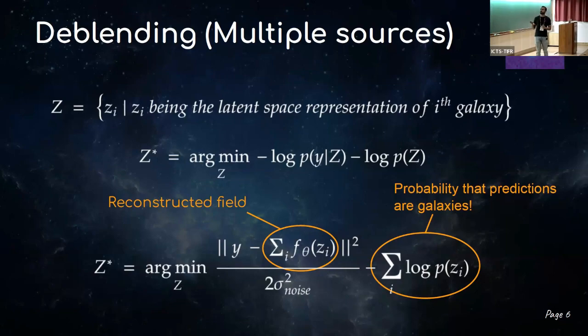And given that we are trying to do it for a ground-based telescope, we can also use information from space-based telescopes as prior for detected positions of galaxies. So we can have the detections, the positions of the galaxies. Here we are just trying to separate the fluxes and assign them to isolated components. So now just trying to do the minimization over all the representations at the same time will give me the maximum a posteriori solution for the entire field.